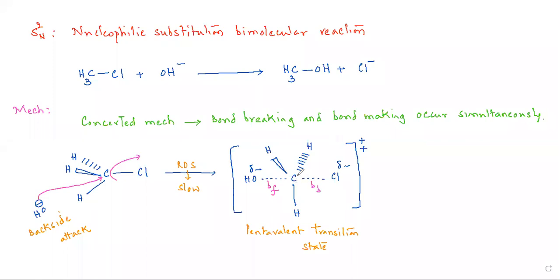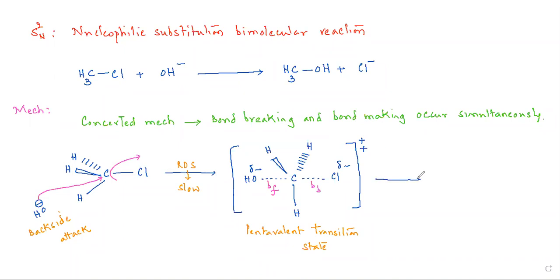See, the carbon here has got 5 valency with one bond going to get broken, the other one going to get formed. Because here, both the bond formation and bond dissociation, breaking and making occur simultaneously. That is the reason why we call it a concerted mechanism.